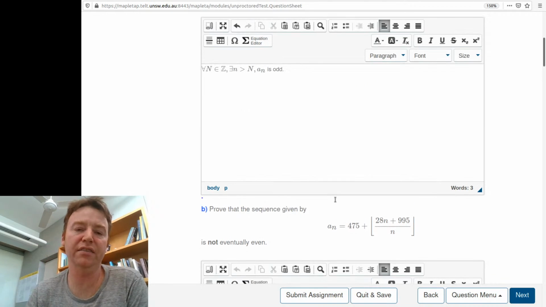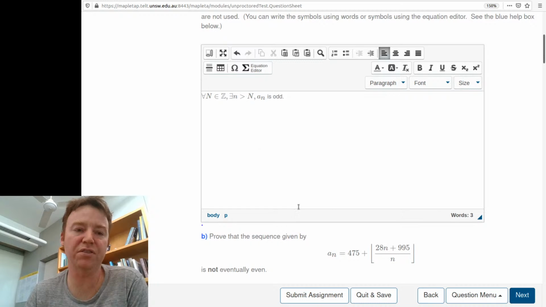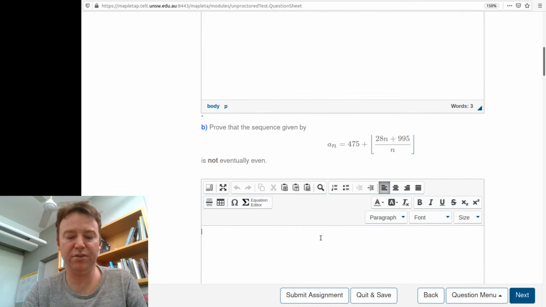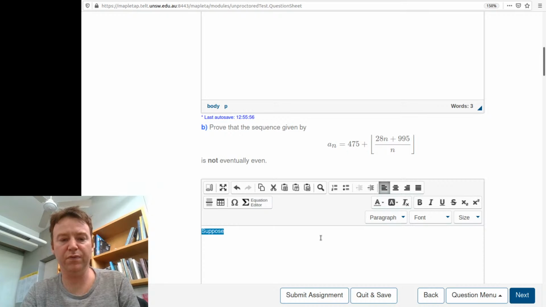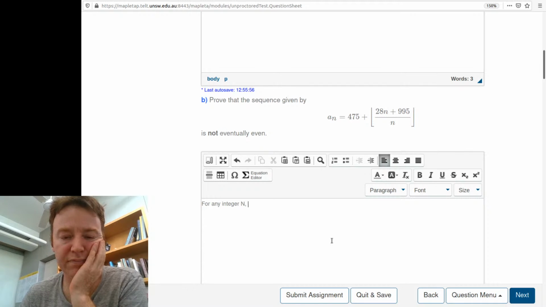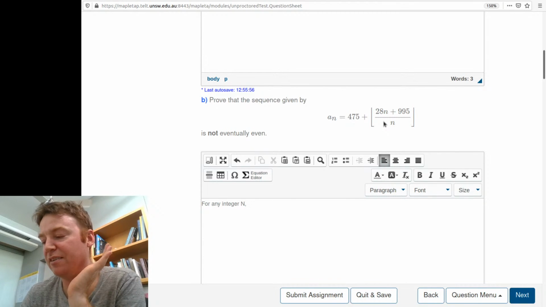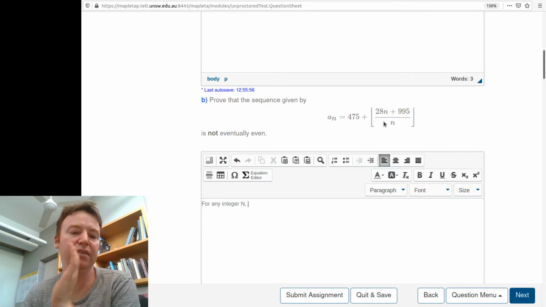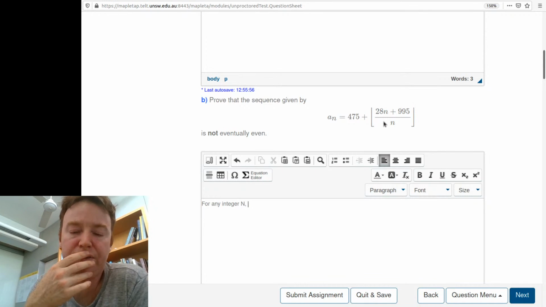Okay, so suppose you've got any capital N. For any capital N, I need to find something bigger than capital N that gives me an odd number here. So this needs to be odd. That's what we're going to do. I'm just going to find the n that's big enough that makes this odd.